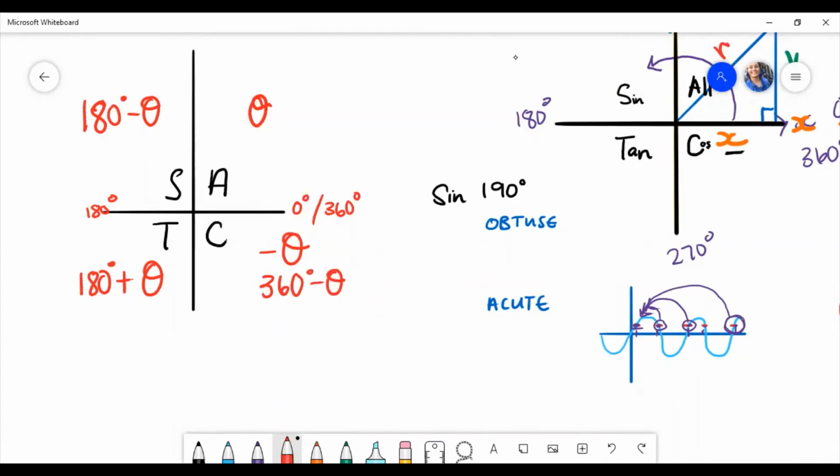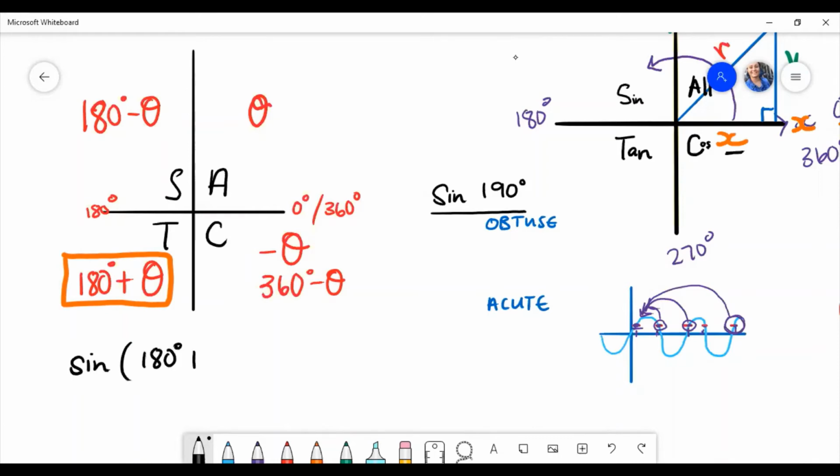So all I do now is I go and look at sine of 190 degrees. It's obtuse, but sine of 190 degrees is very close to 180 plus something. So I first ask myself, where is 180 plus something? So I'm going to make it look relatively the same.